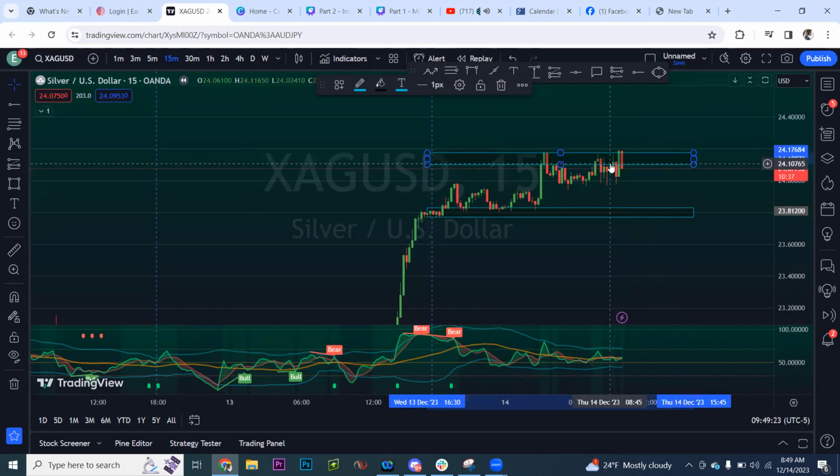All right, hit the top zone here, and hit it crossing above the entry. Hold on 1 second.